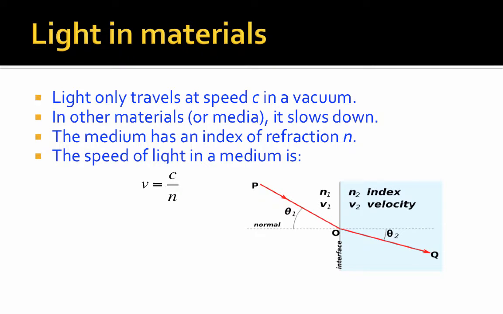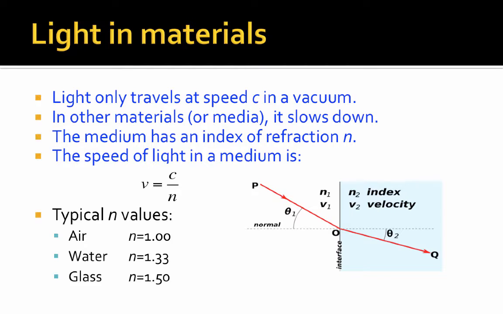The speed of light in a particular medium is c, the speed of light in a vacuum, divided by the index of refraction of that medium. So typical values are things like air, we typically say has an index of refraction of 1. And water, we typically say has an index of refraction of 1.3, glass about 1.5.